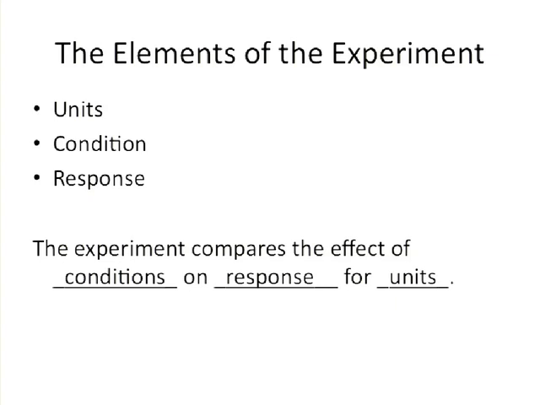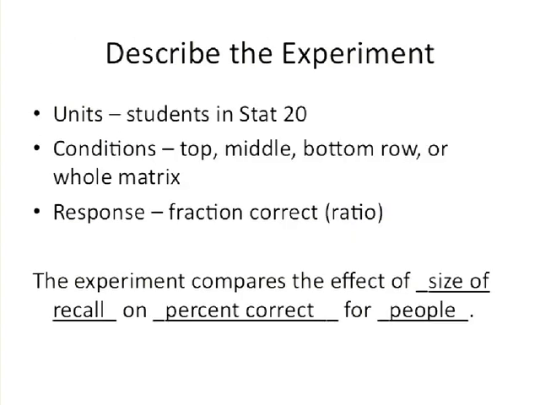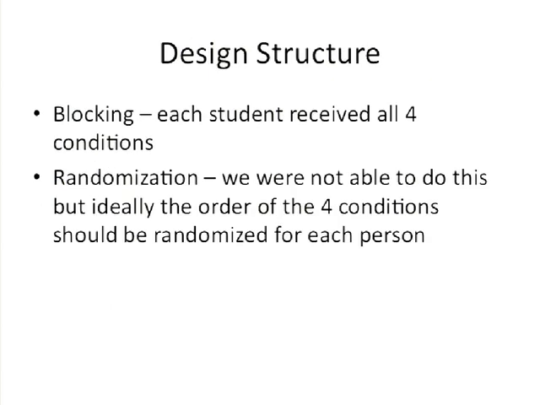So the difference here is that each unit, you've already told me the units are the students in the class, and the conditions and the response. So we've described the experiment in terms of the 3 elements, but we haven't described the design structure yet. The units are the students in Stat 20. The conditions were the top, middle, bottom row, or the whole matrix. The response was the fraction or percentage correct. But there's the blocking structure, so that's an example of blocking.